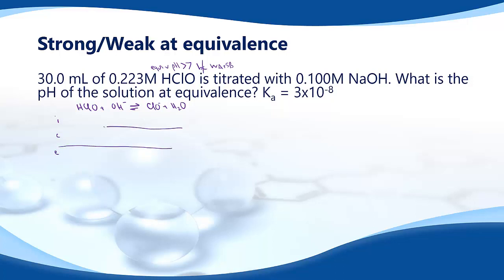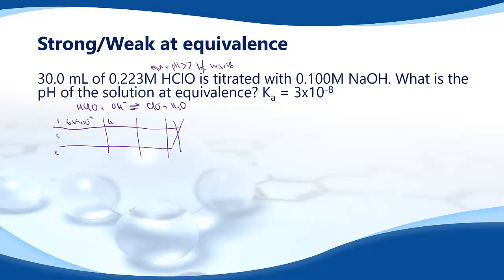So I have my ice table. As always, I don't care about water. Same HClO minus solution as before, so this is still going to be 6.69 times 10 to the minus 3rd. Now here's the cool thing. Since we know this equation is at equivalence, we know the number of moles that we've added.